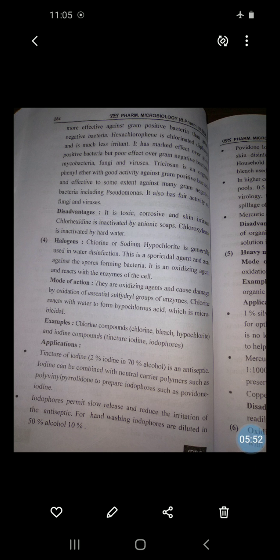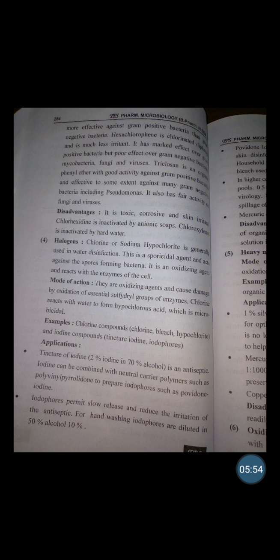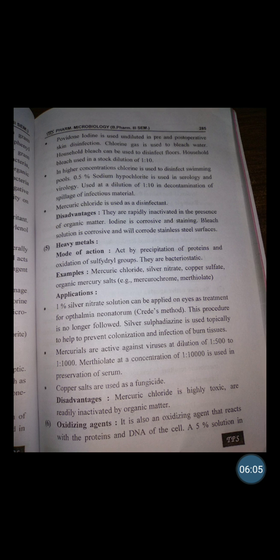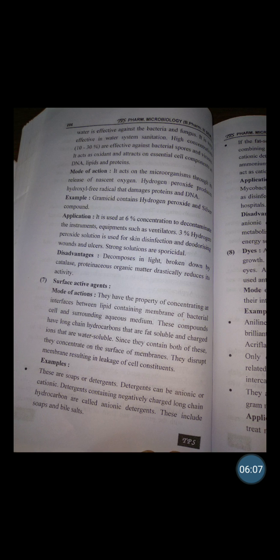Next, that is hydrogen peroxide, an oxidizing agent. It is an oxidizing agent that reacts with the protein and DNA of the cell. A 5% solution in water is effective against bacteria and fungus.